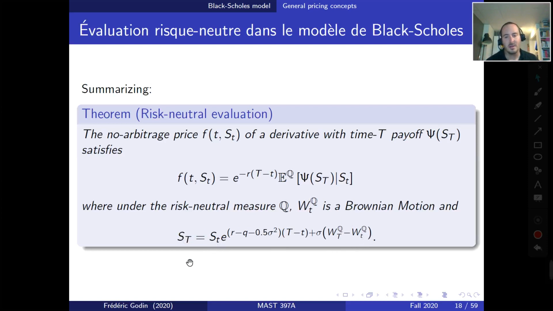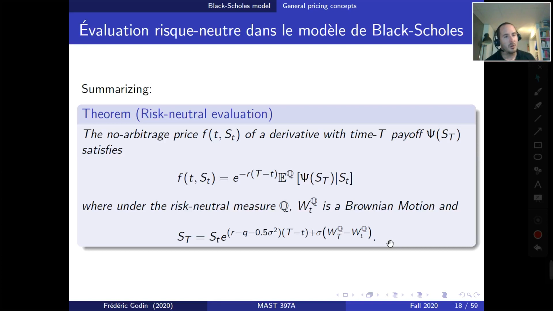Okay, so the price at time capital T can be expressed as S(t), the stock price, times the exponential of, this is our new constant under Q, the new growth rate r minus q, minus one half of the sigma squared parameter, times capital T minus small t, plus sigma times the increment of this process WQ.